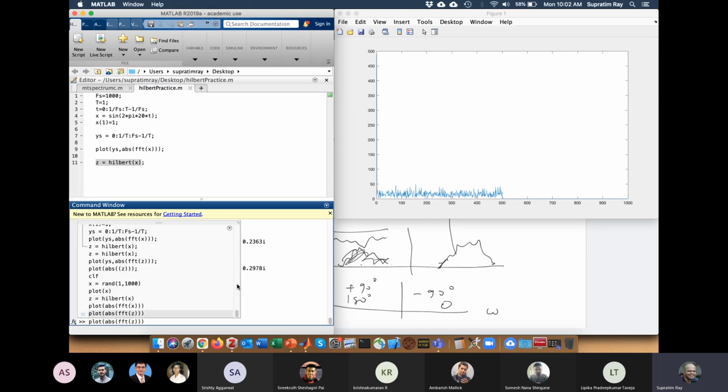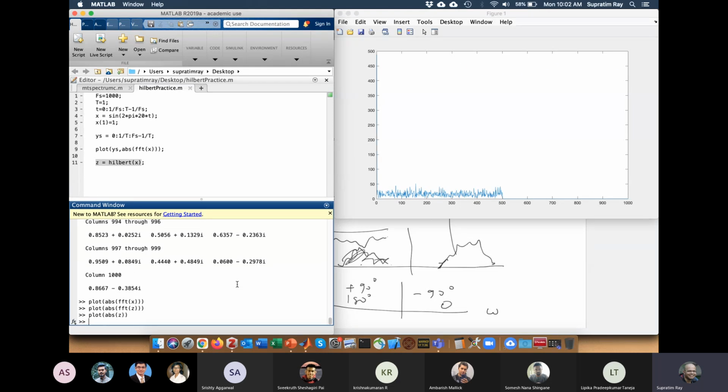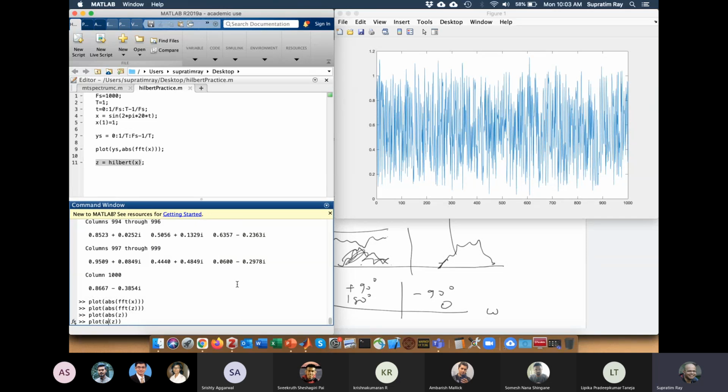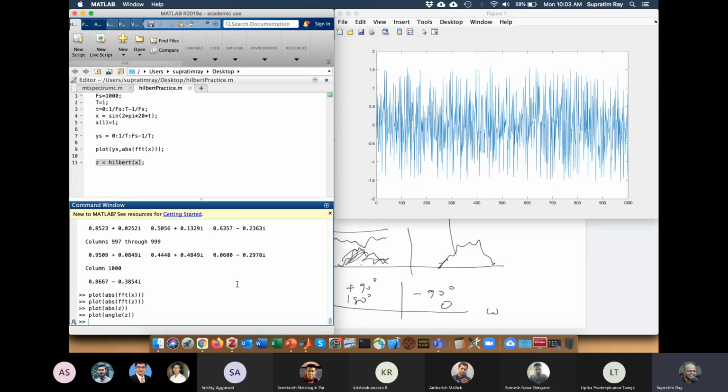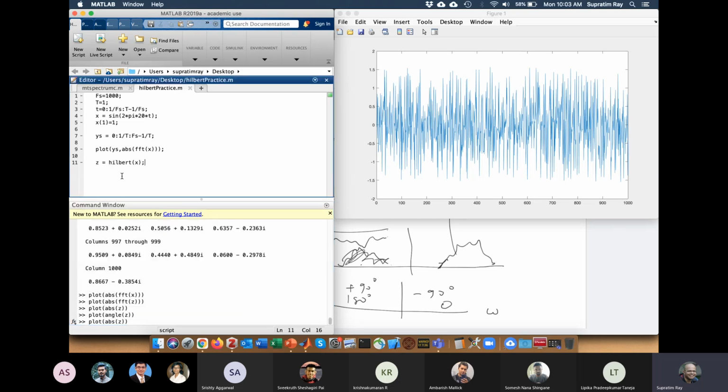And now that I have Z, the instantaneous amplitude is just the absolute value of Z. And it looks pretty much like the original signal. And the angle is this. The phase is this, and it's also random. So for any signal, I'm now able to compute an instantaneous amplitude and instantaneous phase. It may or may not be useful, but this is the procedure.